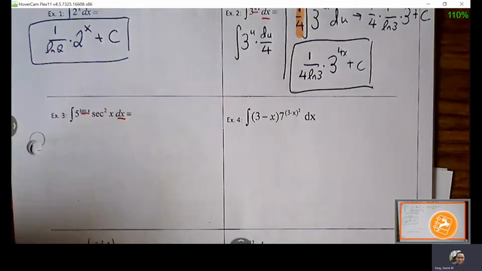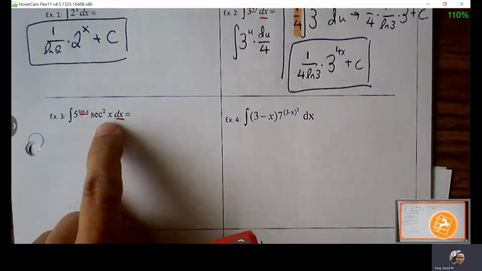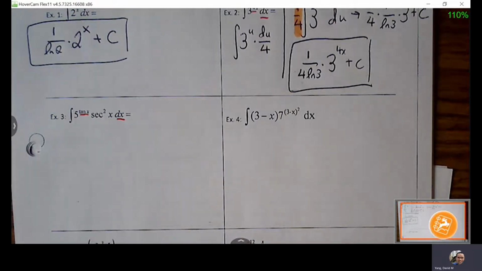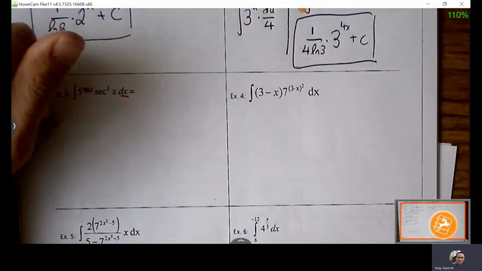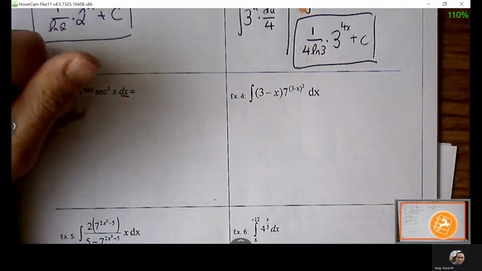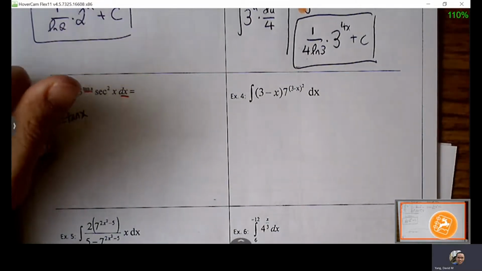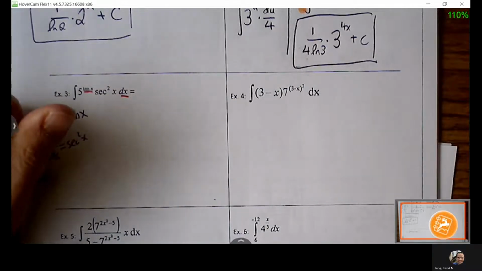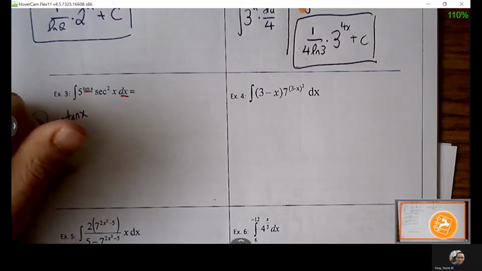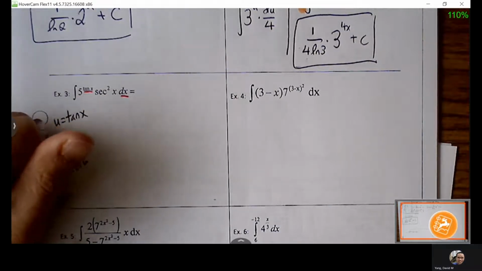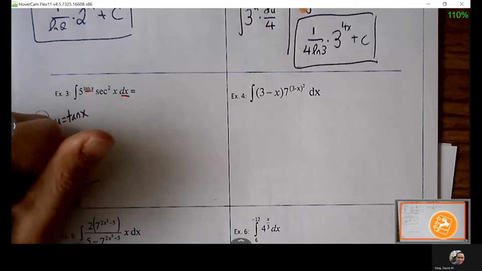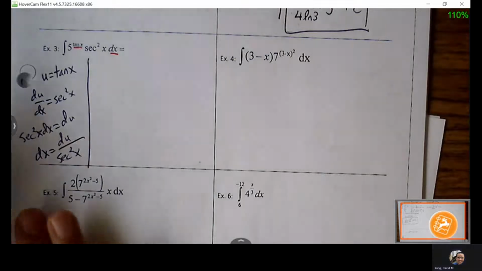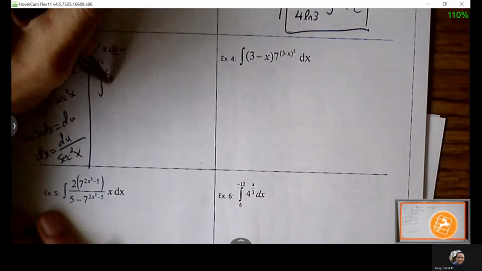That secant squared x is helpful to see because we know that the derivative of tangent is secant squared, so that process should remove that secant squared down the road. Okay, make our substitution.